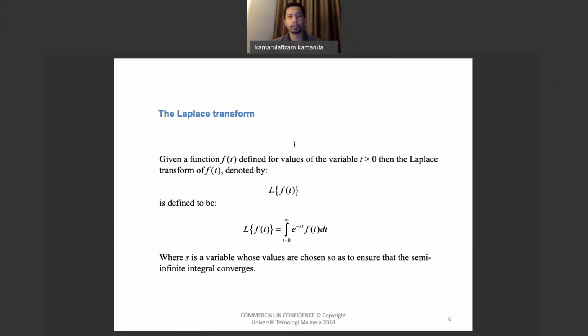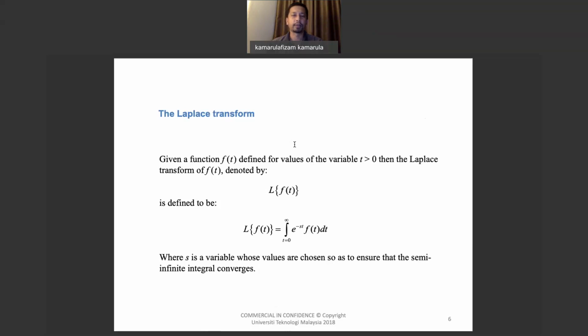For example, in a control system we may be working with long, complex mathematical equations with differential equations and all that. The Laplace transform can help us simplify those, by transforming from the time domain to the S domain. We can do many things from there, in the S domain, in the Laplace domain, and of course we can always go back to the time domain later on.